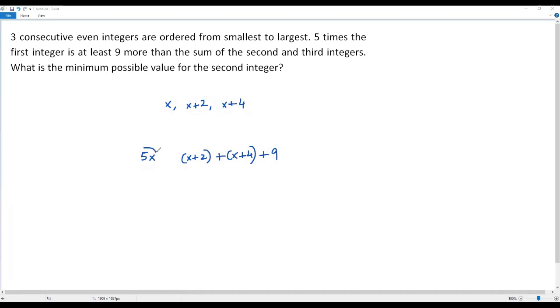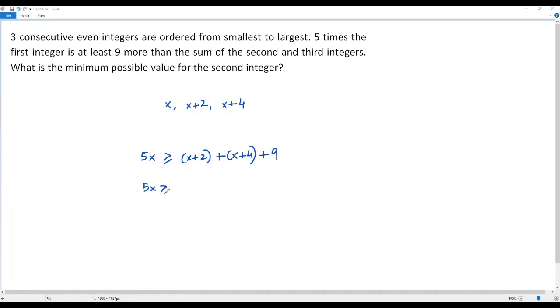That is, the value of this 5x can be equal to this one, or the value of 5x has to be greater than this one. So it can be written as an inequality by taking the greater than or equal to sign. In this inequality, we have to get the minimum value of x. Using that minimum value of x, we can get the minimum possible value of this x + 2, which is the second integer.